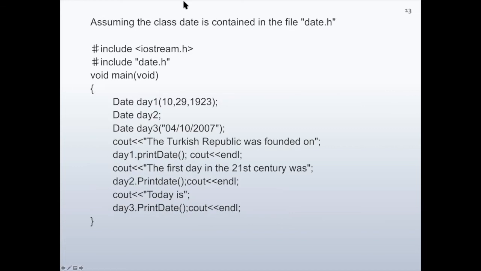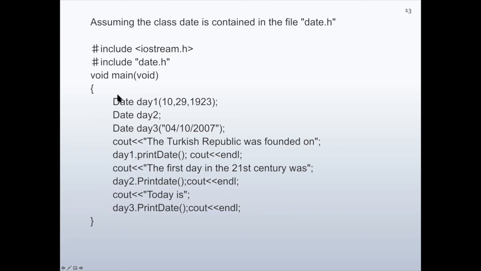Assume that the class date is contained in the file date.h. Then we are including that file in our code, and also we are including the functions from the library iostream.h. In this file, we have the function names.